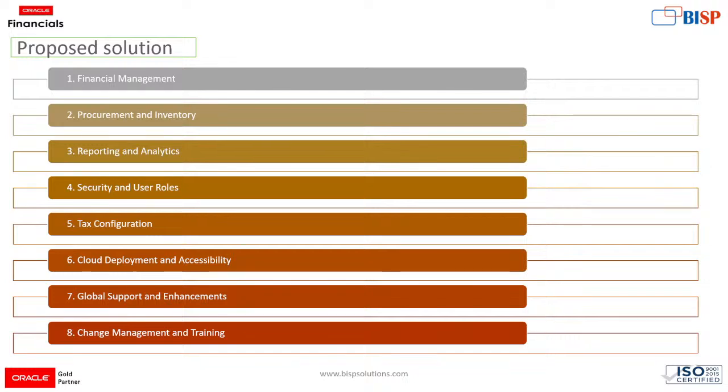These reports can be generated using the Oracle Fusion reporting tool, which provides both scheduled and on-demand report capabilities. With the ability to create both external and internal reports, users can easily manage their financial data and make informed decisions.